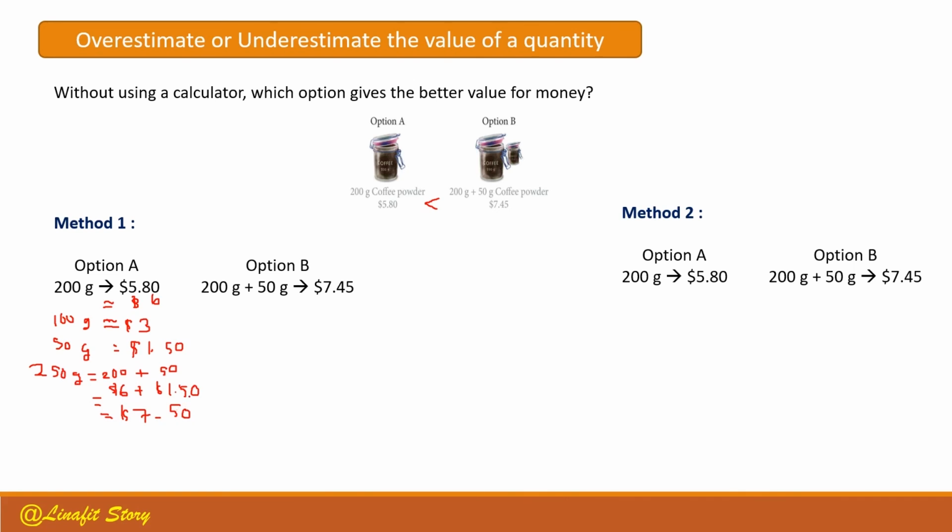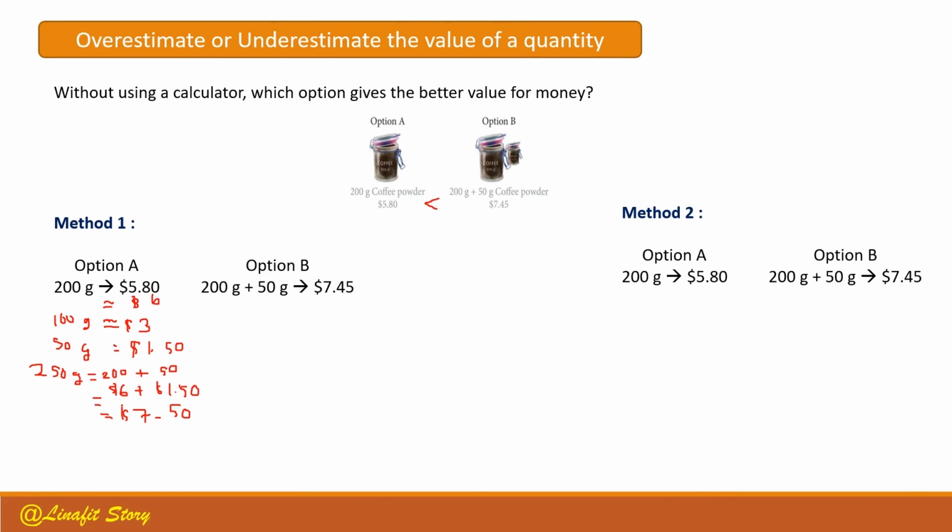So does it mean that option B gives the better value for money? In this case, we have overestimated the cost of 250 grams of coffee powder in option A.